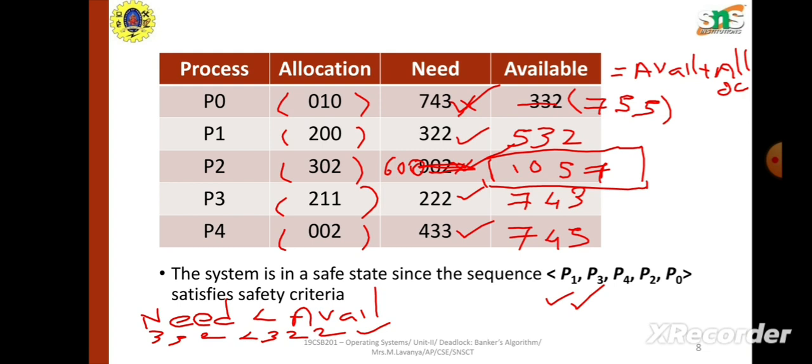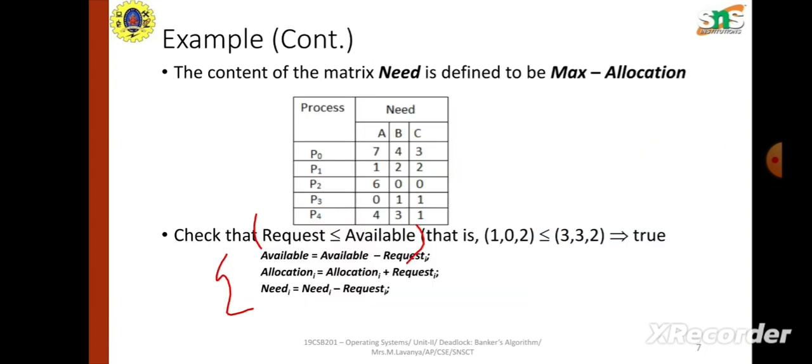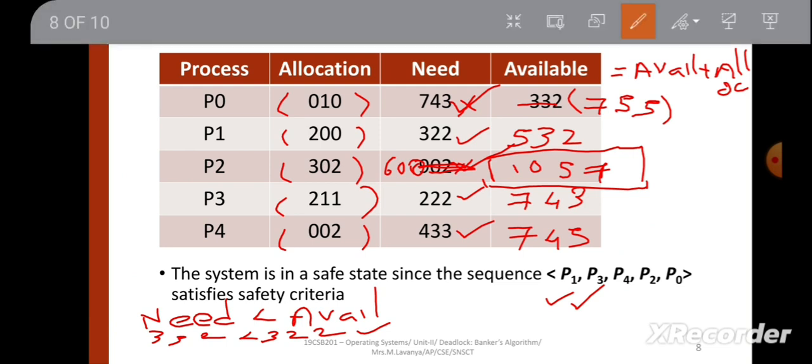Here the total available is 10, 5 and 7. In this problem initially it was given as 10, 5 and 7. By this we are saying this problem has completed and it is correct. We can check the consistency with this step.